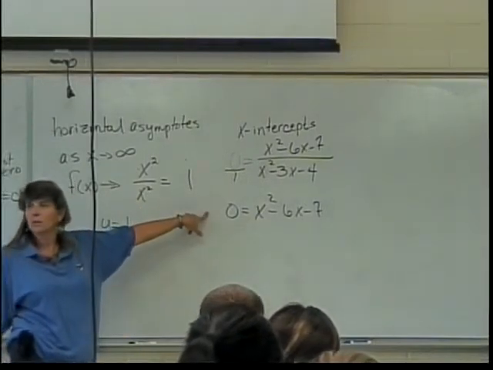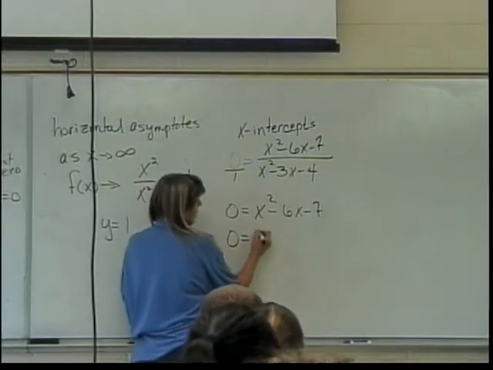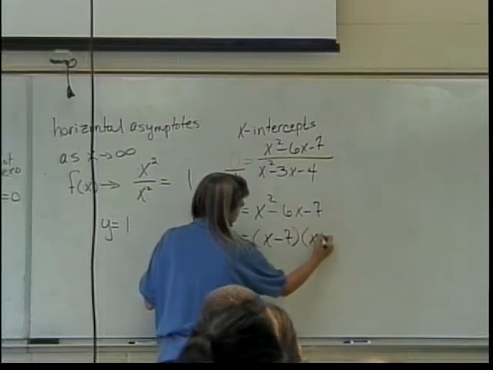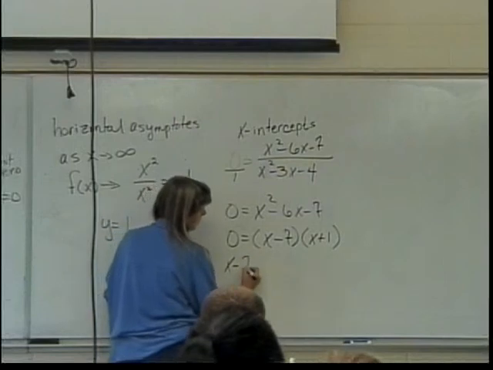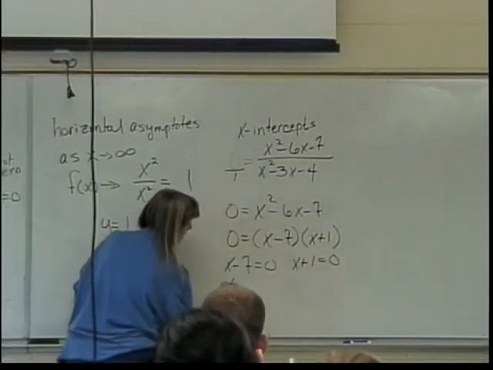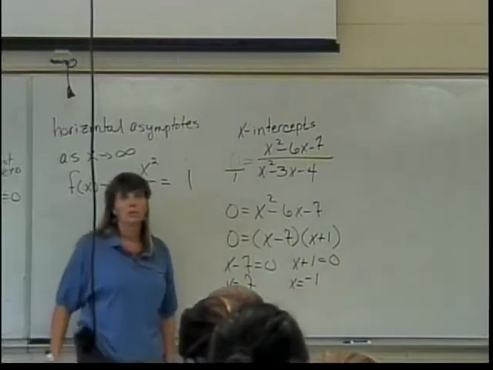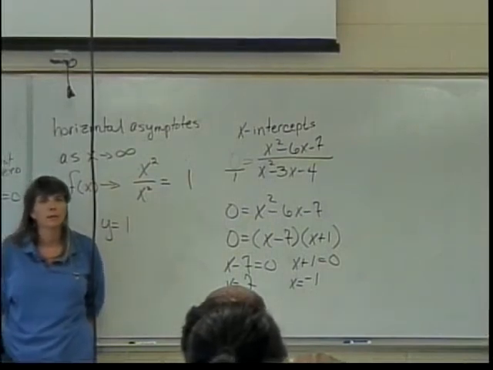So what do I do now? Okay, factors, I get x minus 7 times x plus 1 equals 0, so x minus 7 equals 0, or x plus 1 equals 0. This gives me x equals 7, and this gives me x equals negative 1. So now what? Put it in the denominator.